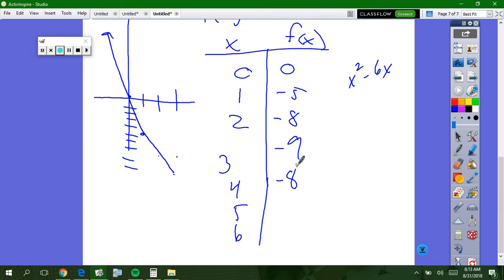That means I'm coming back up again, am I not? Plug in 5. That's 25 minus 6 times 5 is 30. So 25 minus 30, which is -5. And if I plug 6 in, that's 6 squared, which is 36, minus 36, which is 0.